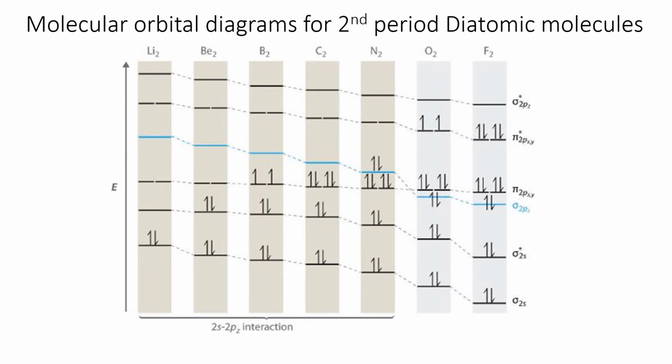So now as we go on to bigger molecules, we're looking at the molecular orbital diagrams for second period diatomic molecules. So things like Li2, Be2, B2, C2, N2, O2, F2. The first thing you want to notice is that we're just showing the molecular orbitals here.